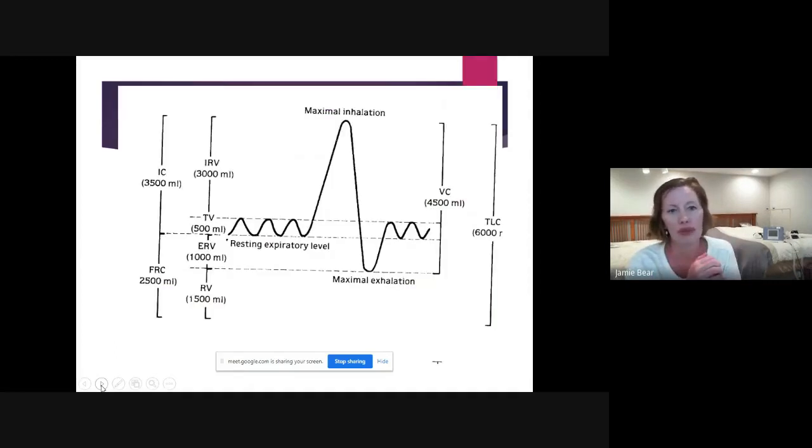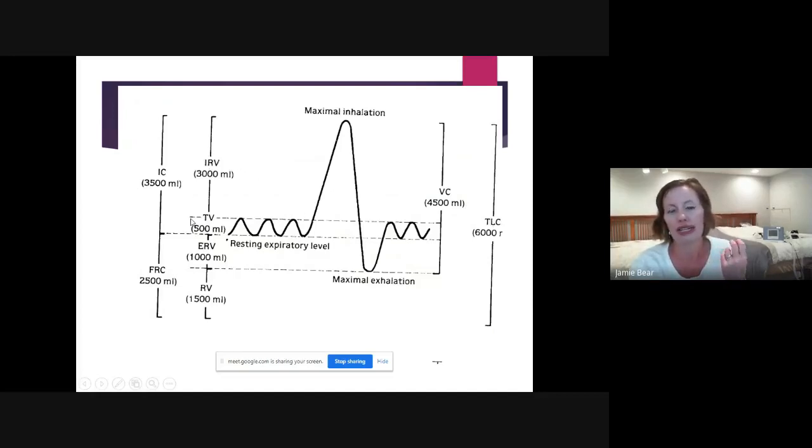Same thing as we talked about before, lung volumes and capacities. And just know that when you're needing to find a volume, say, for example, total lung capacity, you're adding up the different volumes. All 4 volumes together will equal your total lung capacity.